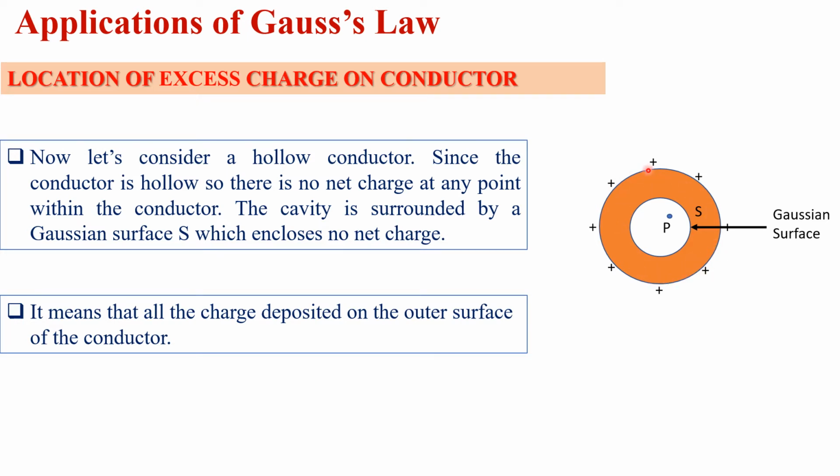Because the conductor is hollow, there is no net charge within the conductor at any point. We enclose this point P in the cavity by Gaussian surface S, and this Gaussian surface contains no net charge. It means that all the charge is deposited on the outer surface of the conductor.